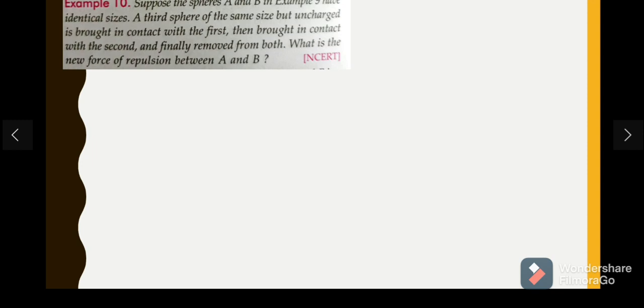To understand this type of a question, recall what will happen when the two spheres are in contact with each other. When they are in contact with each other, then some redistribution of charges will take place. So suppose this is your sphere A and this is your sphere C, which is brought later on. This sphere was having charge Q, and this sphere was having charge 0.